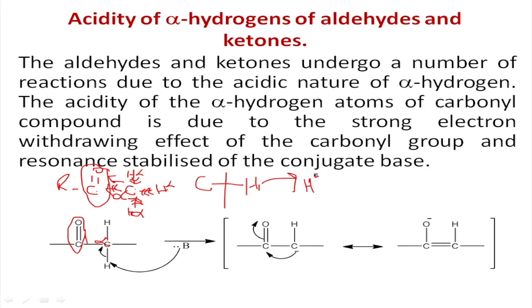The definition of an acid is a compound or molecule which can give a hydrogen ion, H plus. Because of this, the alpha hydrogens are acidic in nature.